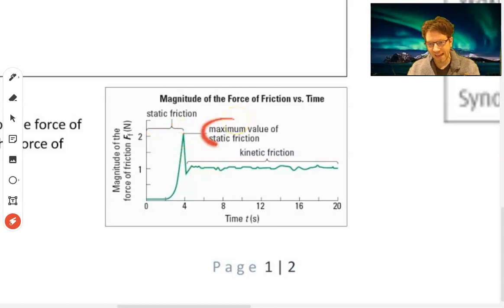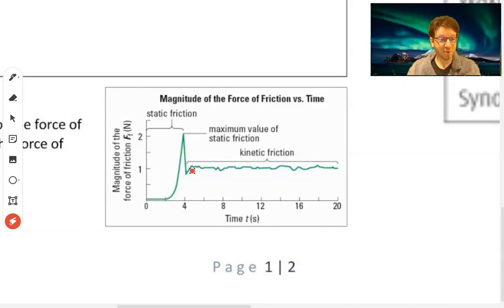This we call the maximum value of static friction. Okay, all of this is static friction. Here, here, here. That whole area is static friction because our fridge is not moving yet across the floor. But that's the maximum value it can go. So once you apply a force greater than that, then what happens is it drops and you get kinetic friction. It's not going to be perfect in the real world because there might be little bumps or something.